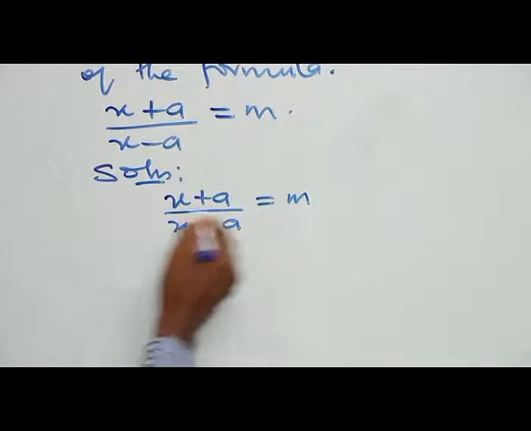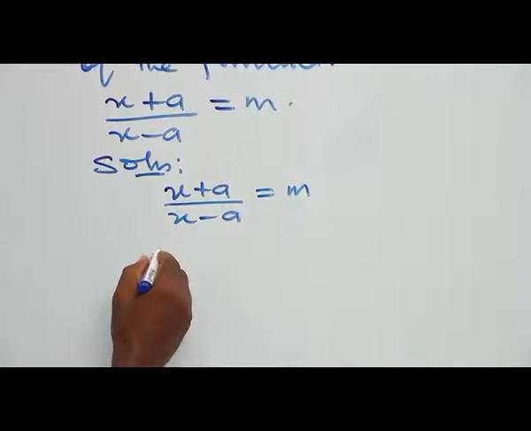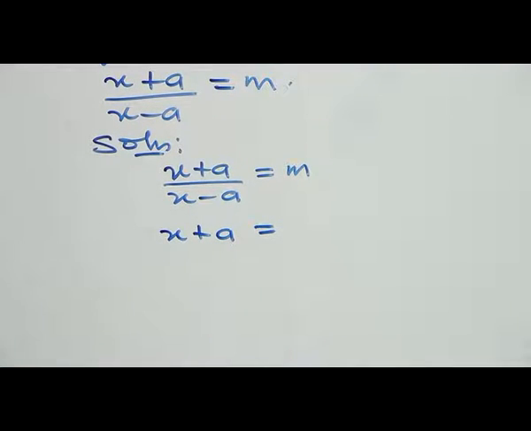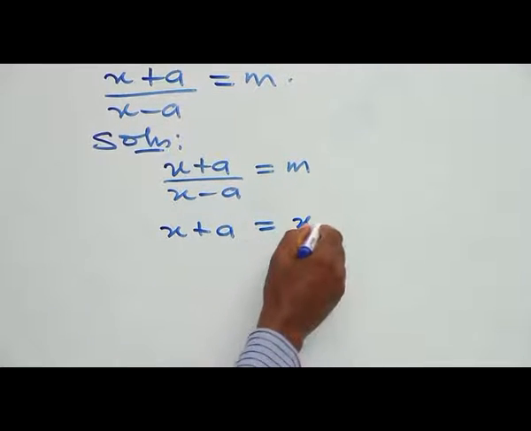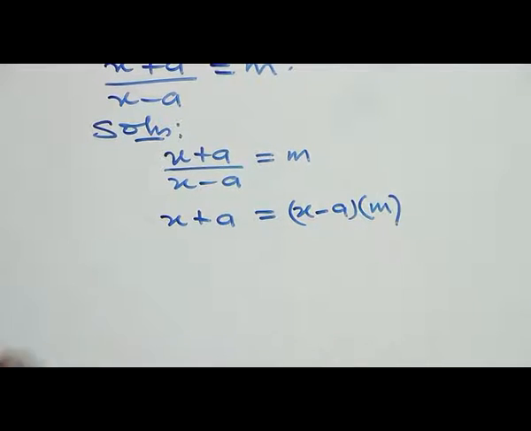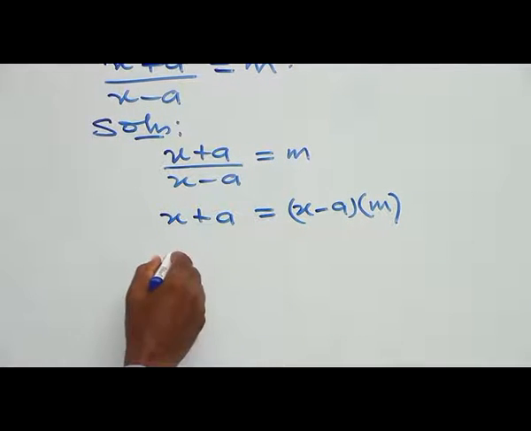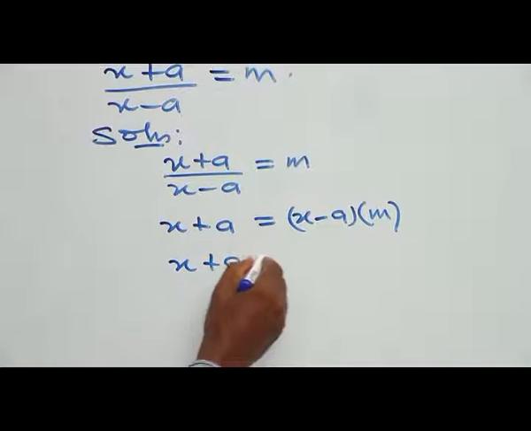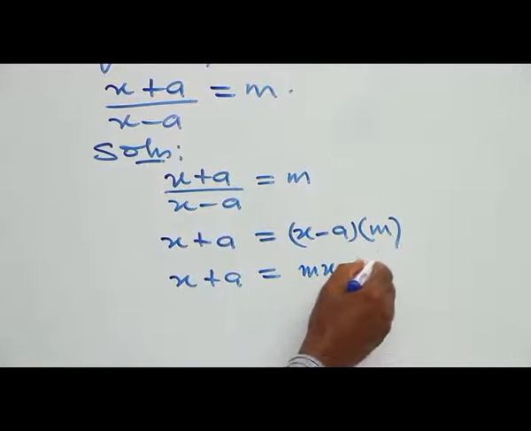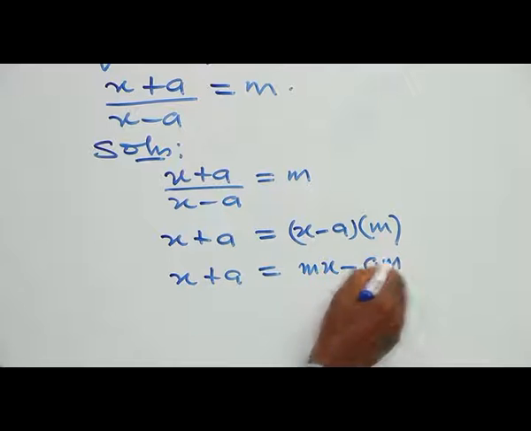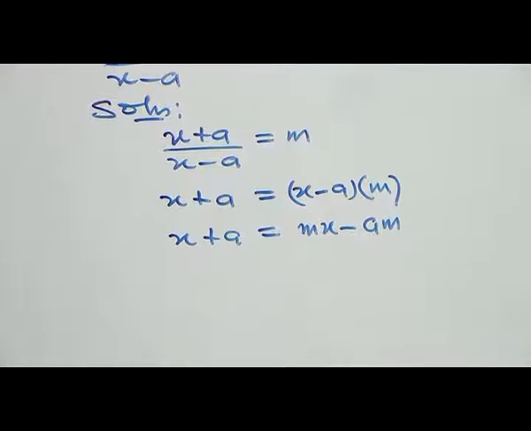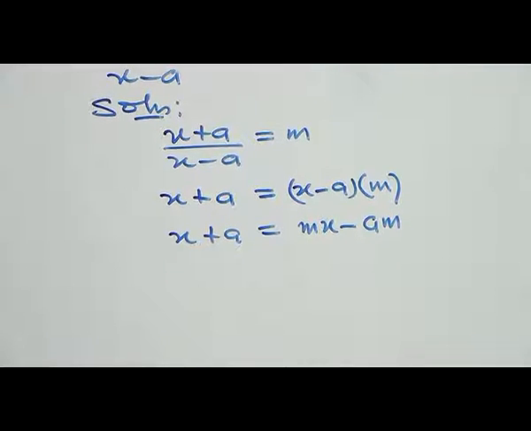We'll multiply both sides by s minus a to give us s plus a on the left hand side, and then we have the same s minus a multiplying n on the right hand side. Now we open the bracket on the right hand side to give us ns minus an. Remember, we are to make a over s the subject of the formula.